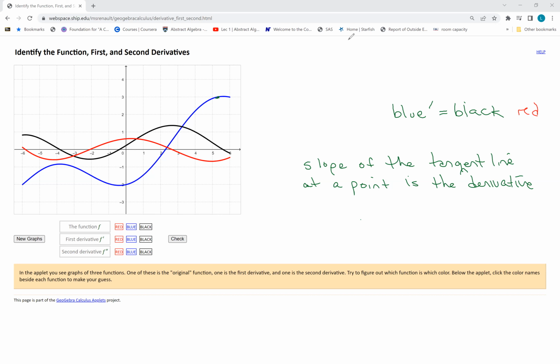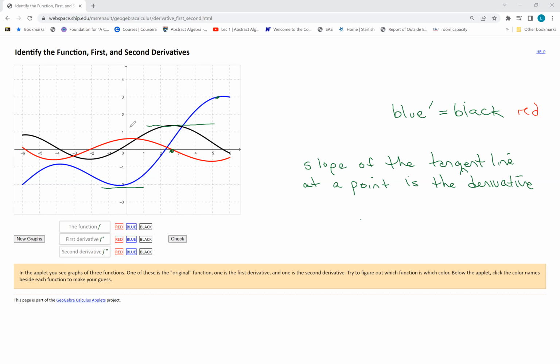Let's make sure that the derivative of black is red. So black, there's my max, and red is 0. There's a min, and red is not 0. Derivative, oh, I'm sorry, black, red, black.